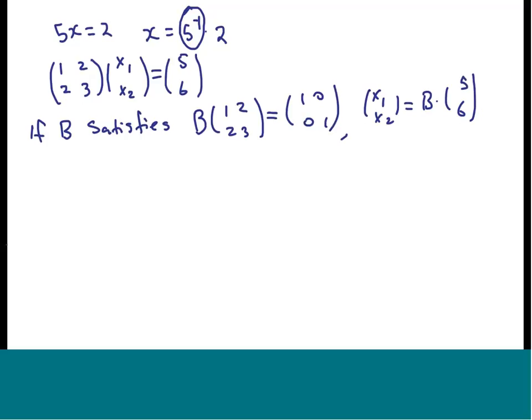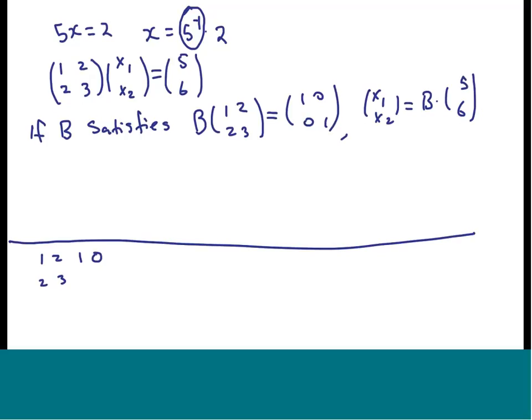Take 1, 2, 2, 3. We want to do row operations. You don't really need to understand this for the moment, just be with me. I do the first row times -2 added to the second row. So 1, 2, 1, 0, no change.